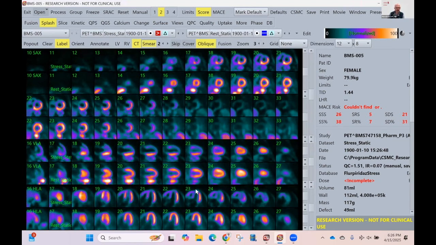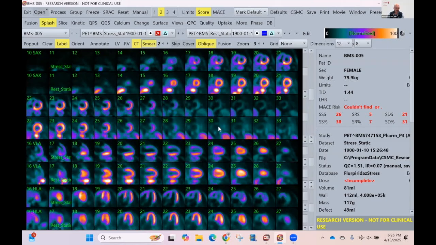There are a few findings here. Number one is the LV cavity dilates with stress. You can see TID ratio there and on the right calculated at 1.44, but regardless of the number, you can visually see it very clearly there.